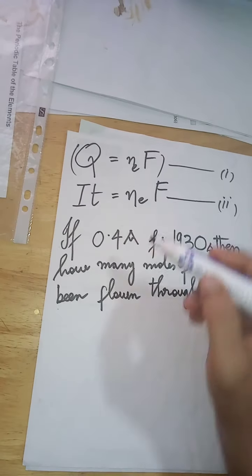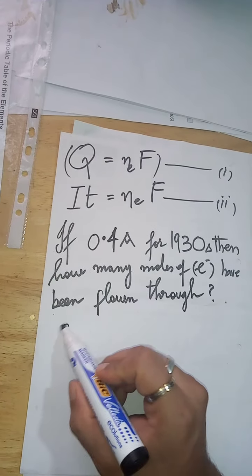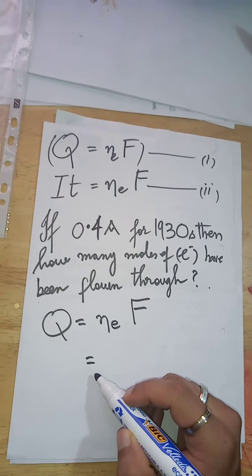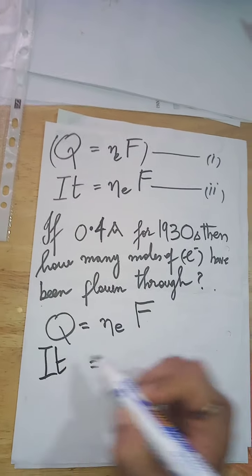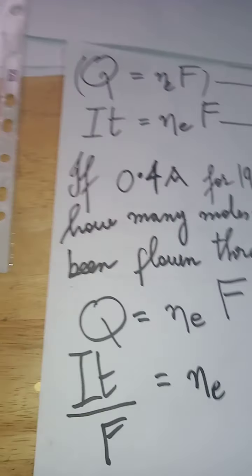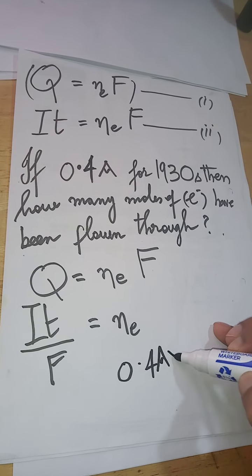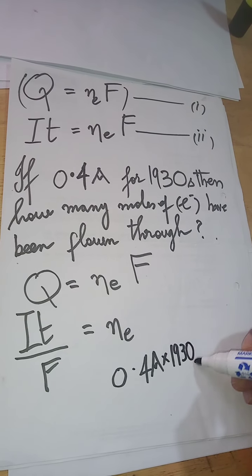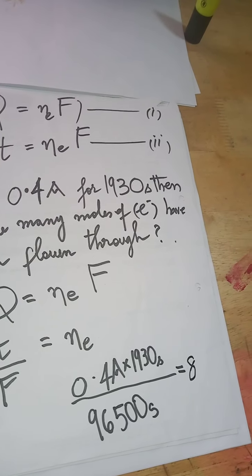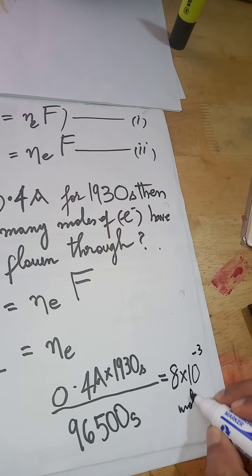So the answer would be, you always have to write the equation even though you may remember it, IT divided by F equals N. So it'll be 0.4 amps times 1930 seconds divided by F, and that'll be 8 millimoles of electrons.